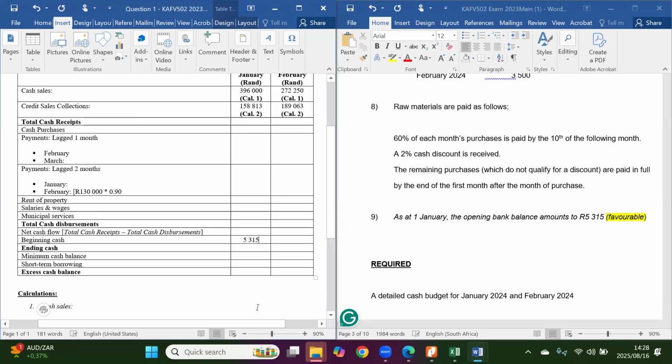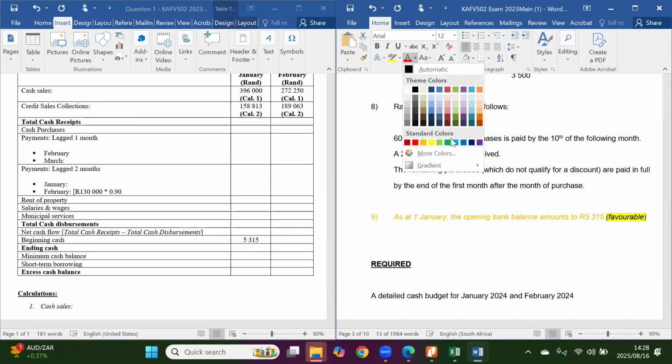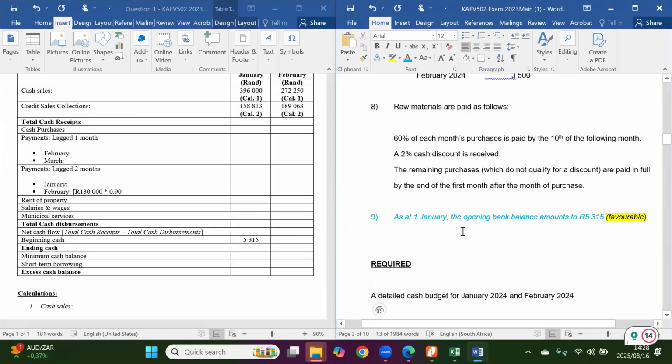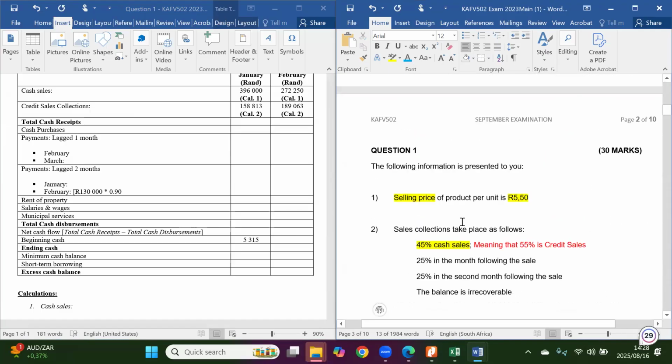For January? Yes, for January. So it will be the opening balance. Just put it over there. So it means this information, as far as it's concerned, we are done with it. So I think for something that we are done with, I'll just put that in blue, meaning we are done with that information. But of course, we still need to come back.